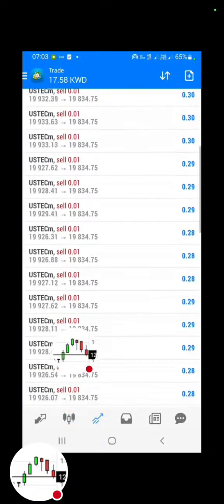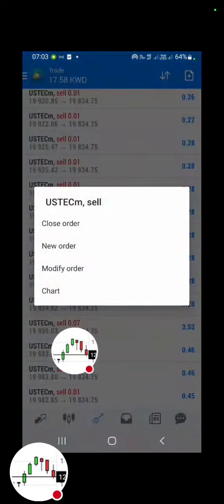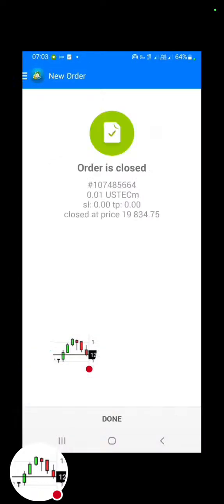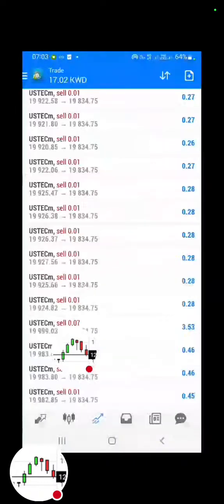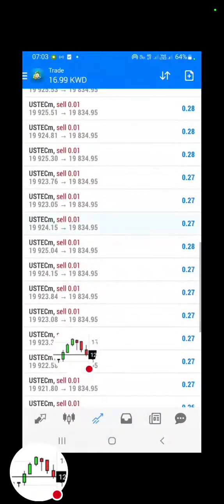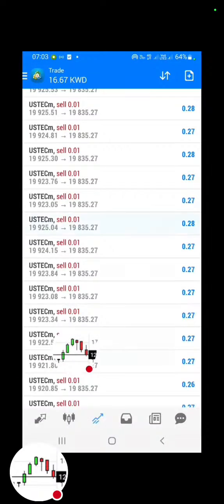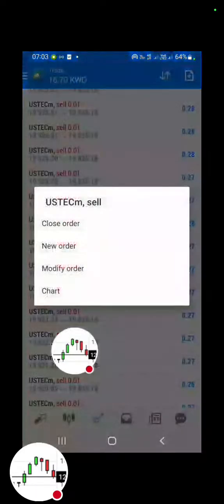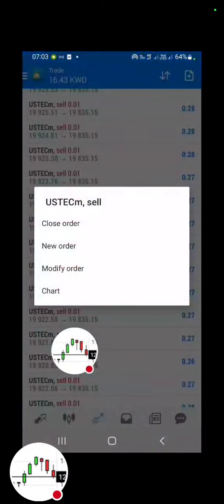I'll close some of my sales here, because I'm looking for good opportunities. I'm closing some of the trades. When I get my pullback, I can even place a pending order.